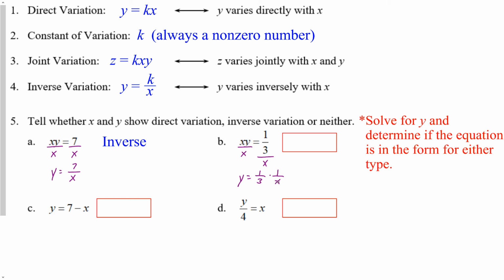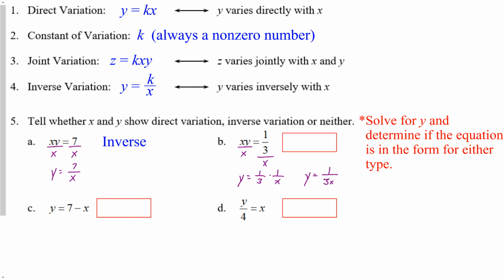This is going to allow us to work with these fractions a bit better here. So the reciprocal of x is 1 over x. So when I multiply those values together, I end up with this equation, y equals 1 over 3x. That x is in the denominator. Make sure that is very clearly written that way.